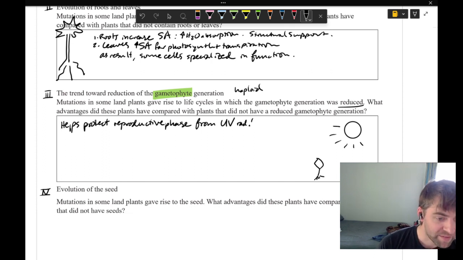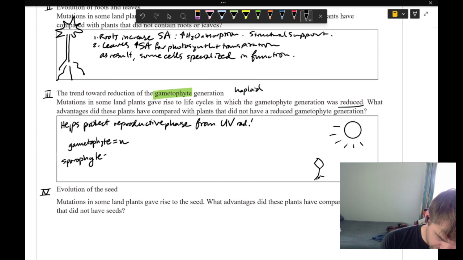All right. A mutation in a haploid genome is going to show up immediately. Is why this is important. Mutation in a diploid genome, which is what this sporophyte would be. So we've got N, which is haploid.